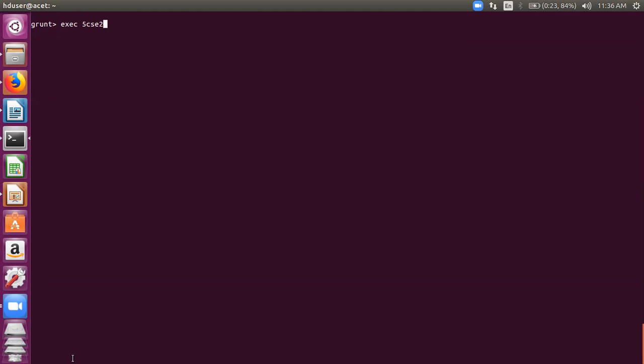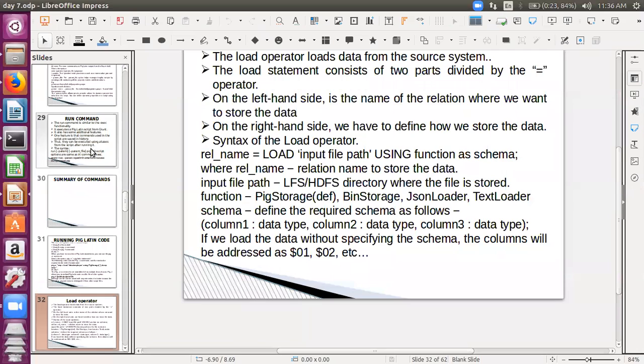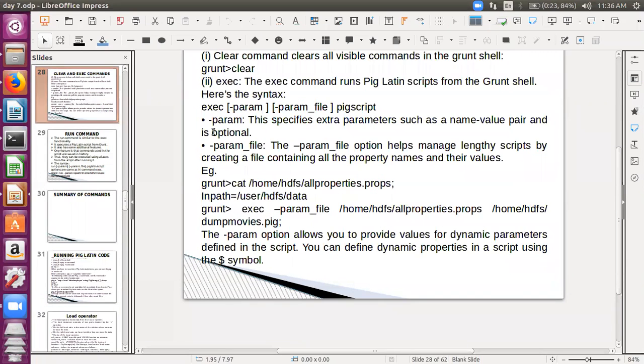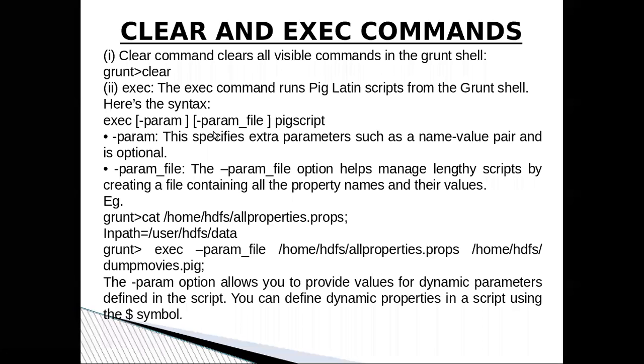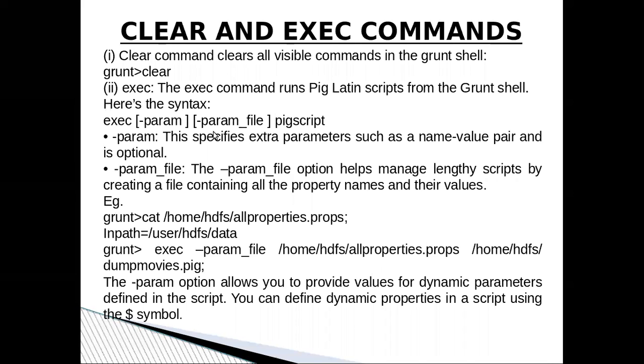That is where we stopped. Like in the slides we were here. If you see this slide in front of you, the execute command, just see the syntax. There are 2 optional parameters, like -param_file. And then you must give the script file.